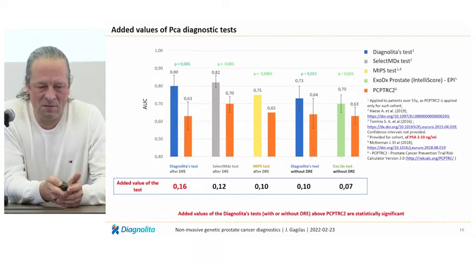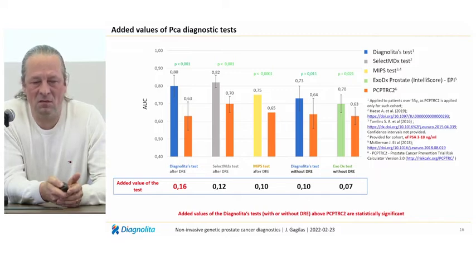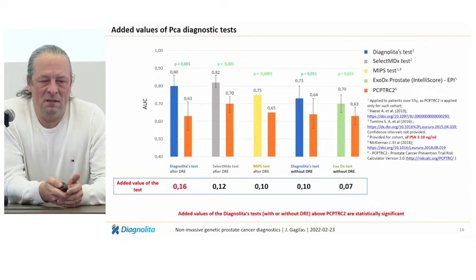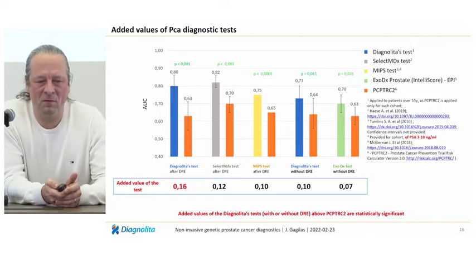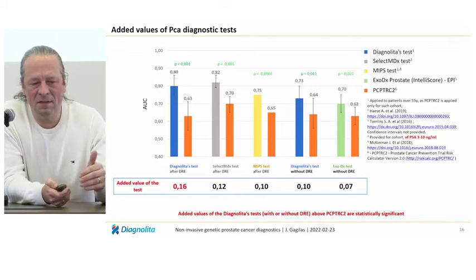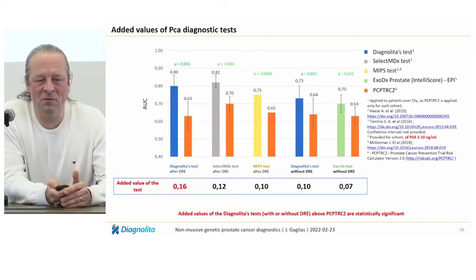Only in the case of the SelectMDx test it is 0.7. The diagnostic performance of the whole test is higher, and the difference between these AUCs shows the added value of the test.